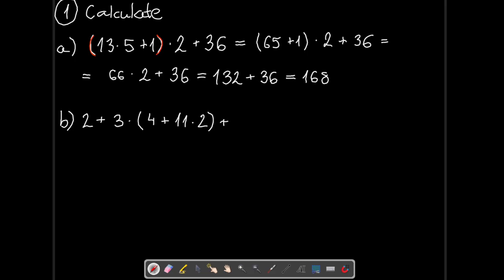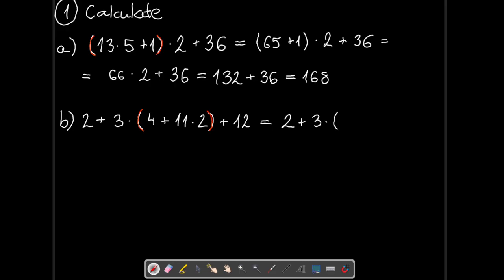So once again, we have the bracket, which we must solve first, and inside of it we once again have both addition and multiplication. So we need to do the multiplication first. Now this one is very simple. You can just copy the rest.